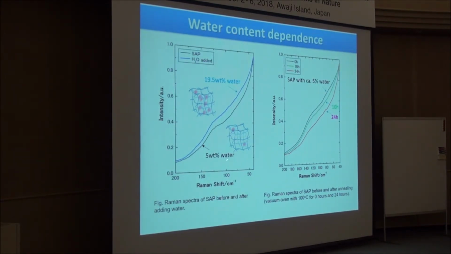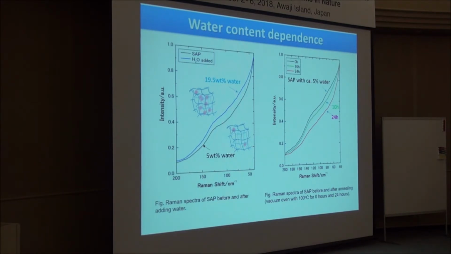First, the SAP polymer has about 5% weight water, and we added this polymer to water, and finally we get an SAP polymer having about 20% water.